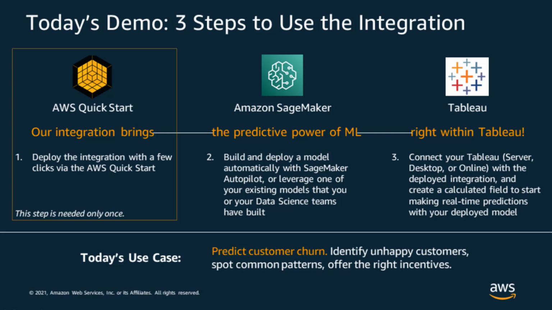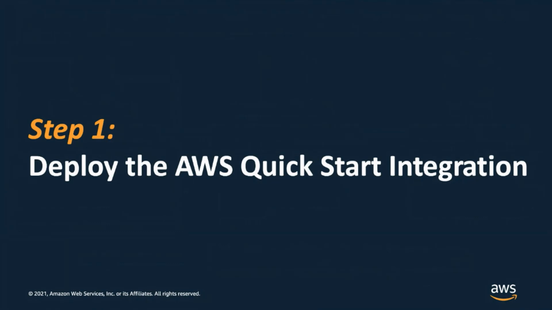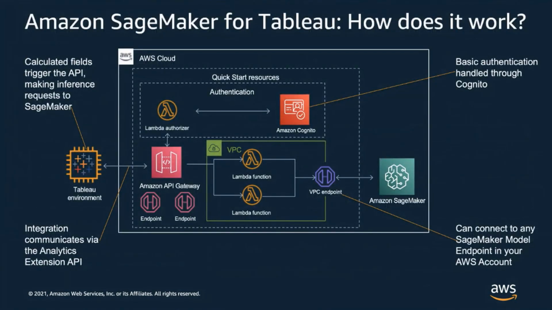Absolutely. Thanks, Kosti. As Kosti just mentioned, we're going to walk through the architecture really quickly to look at how the Amazon SageMaker for Tableau integration is actually deployed into your AWS account. Looking at the reference architecture, the Quick Start is going to launch a CloudFormation template into your AWS account. The customer and end user will enter through a calculated field in the Tableau Desktop or Tableau Server application.